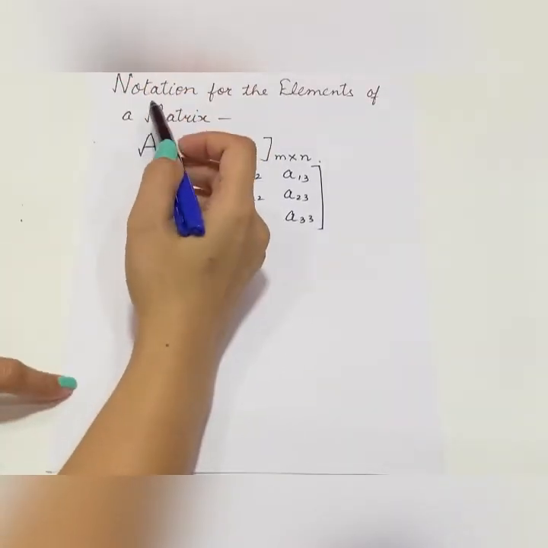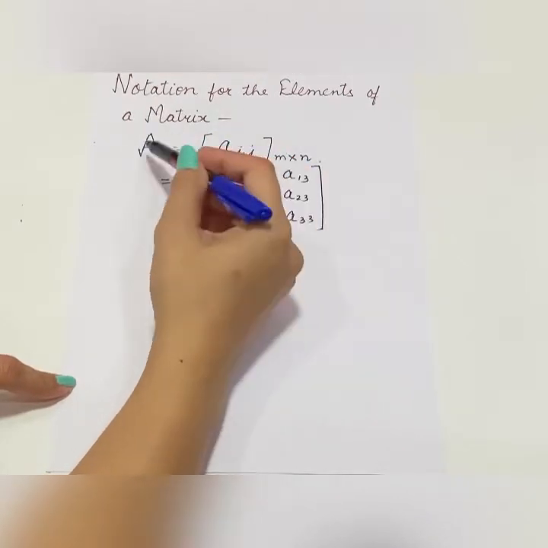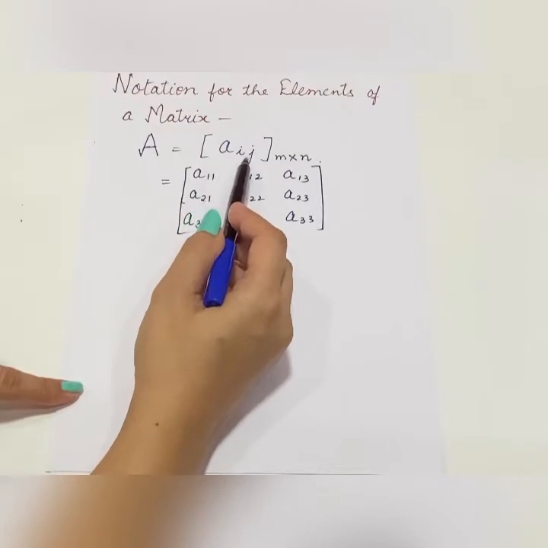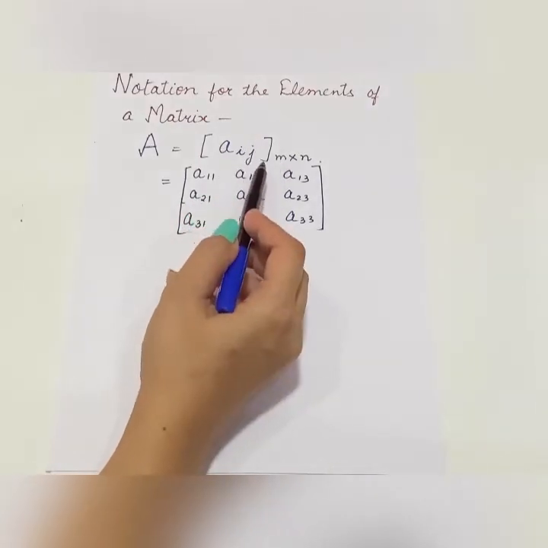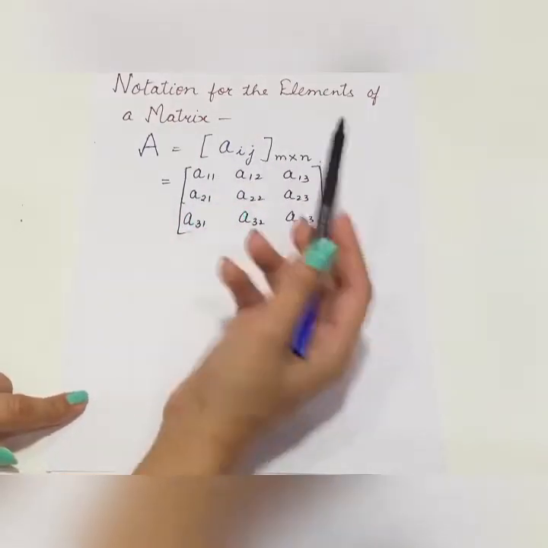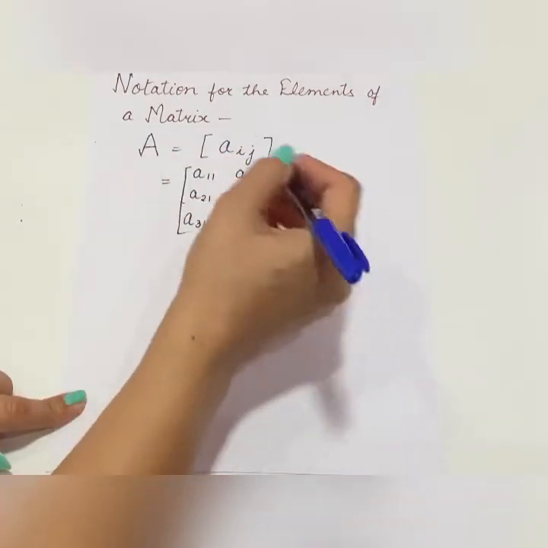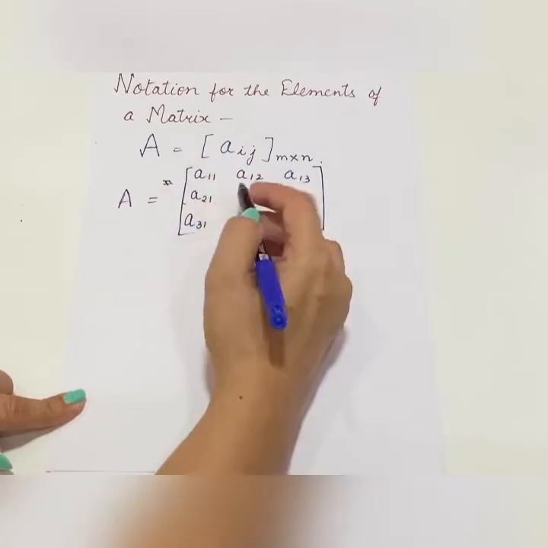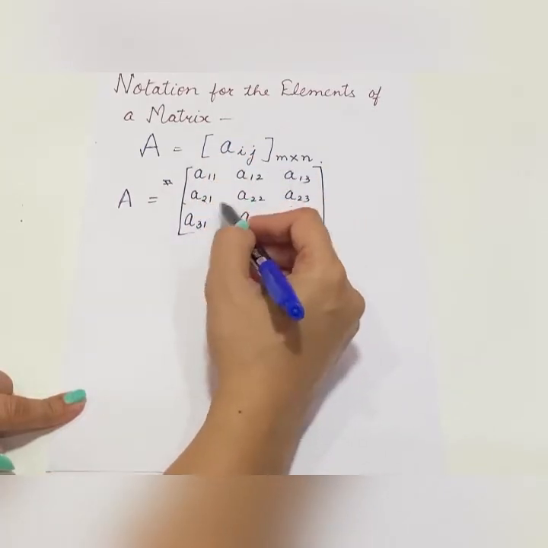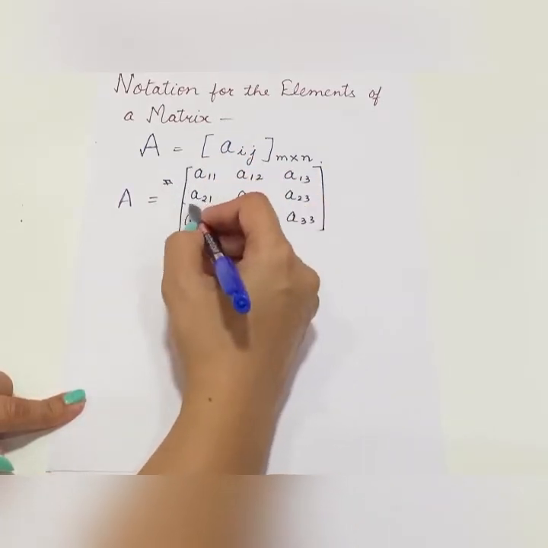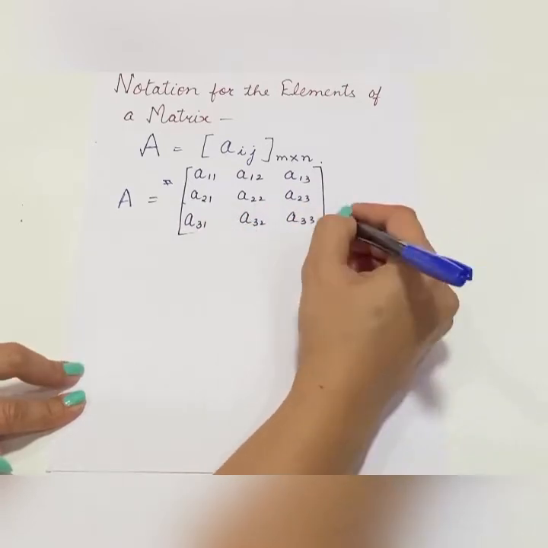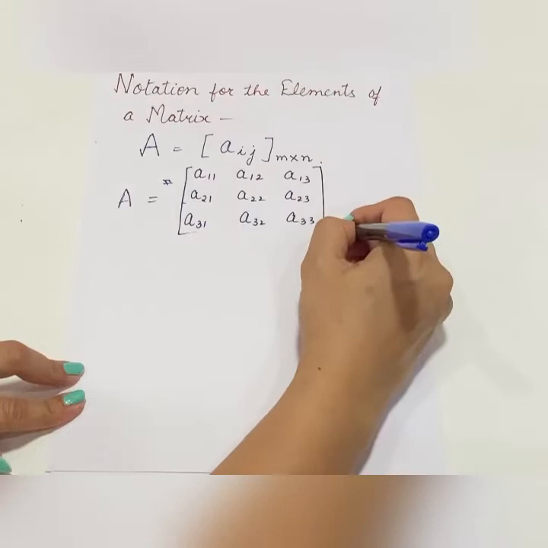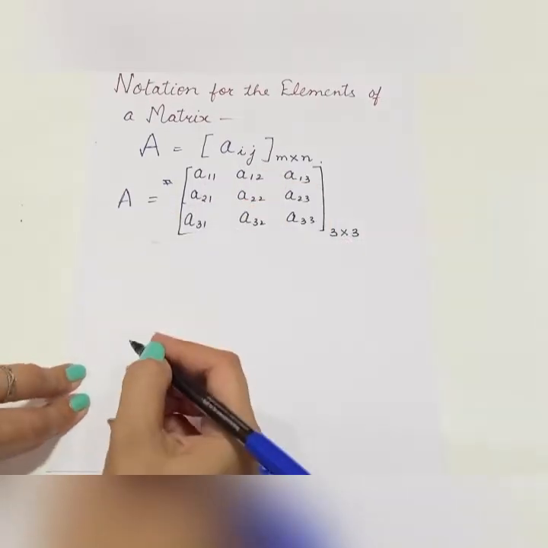Next we have the notation for the elements of a matrix. Suppose matrix A is given as Aij and the order of the matrix is m cross n. In this case, I am taking an example, A is equal to A11, A12, A13, A21 and so on. First thing you need to check is how many rows are there? 3 rows are there. And how many columns are there? 3 columns are there, right?